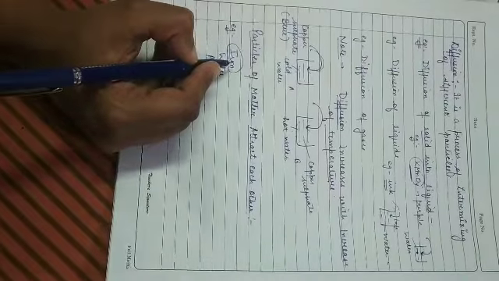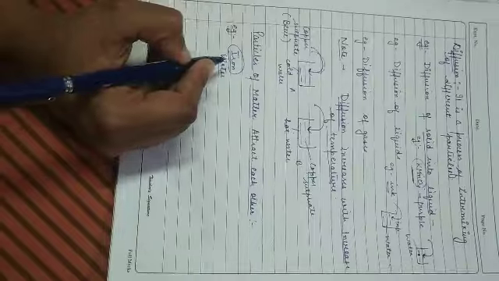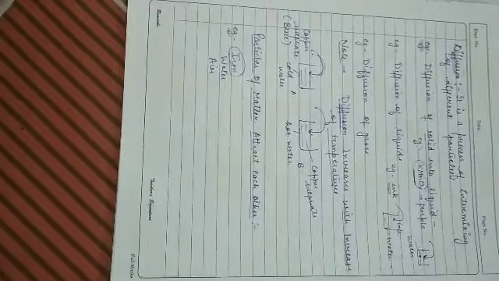So our next characteristic is particles of matter attract each other. I can give you one example, like iron. Suppose you take a piece of iron nail. Clear? Try to break it with the help of a hammer. What will you observe? Can you break the iron nail with the help of the hammer? No. Why?